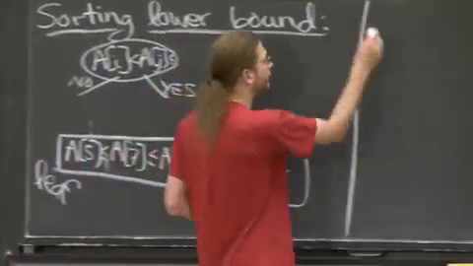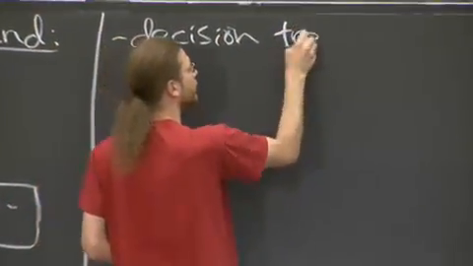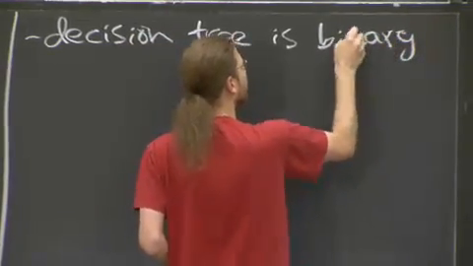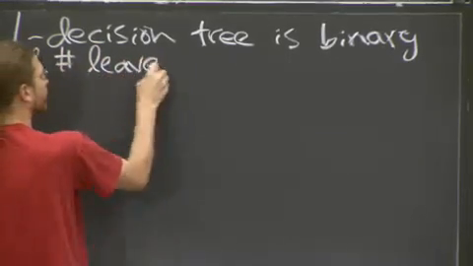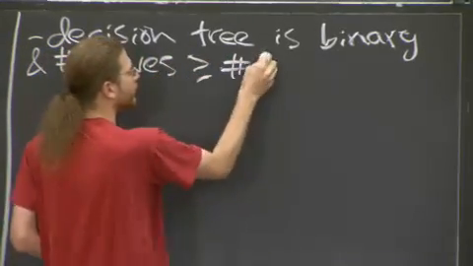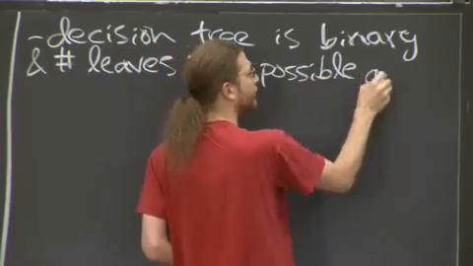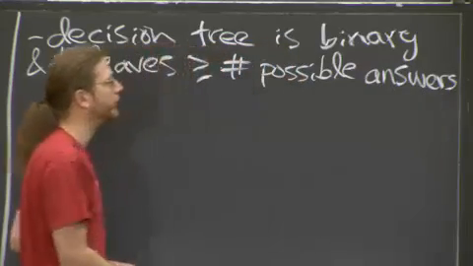Why? Because the decision tree is binary. And the number of leaves has to be at least the number of possible answers. It could be more because each answer could appear in several leaves, and it probably will in a typical sorting algorithm.